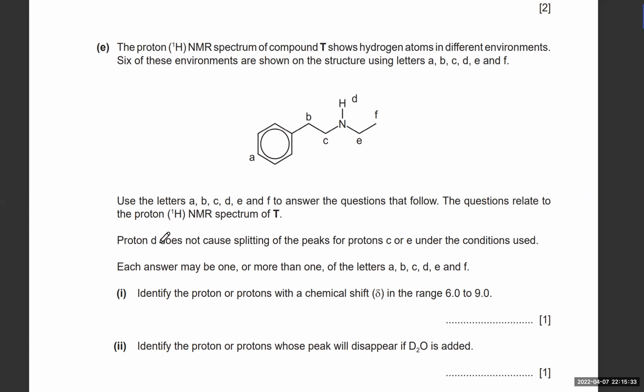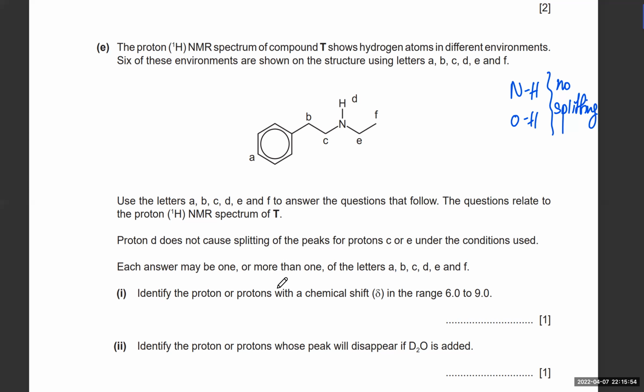We did talk about this: NH protons and OH protons don't cause splitting, and they're always singlets. What is the splitting rule? It's the n+1 rule: if the neighborhood has n hydrogens, there would be n+1 peaks.